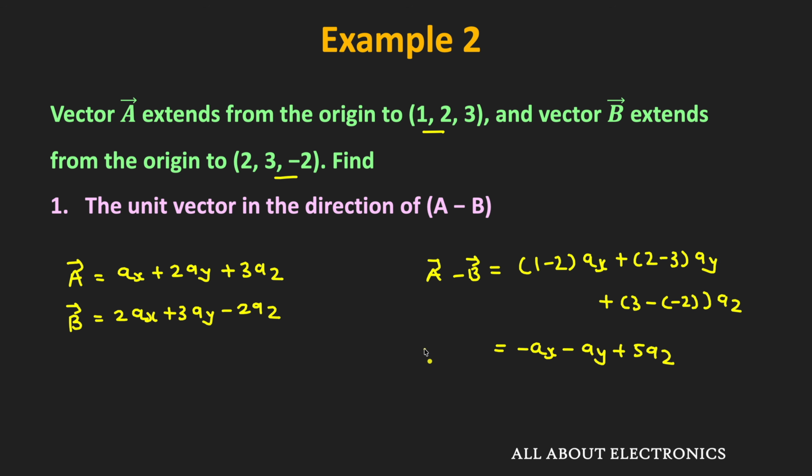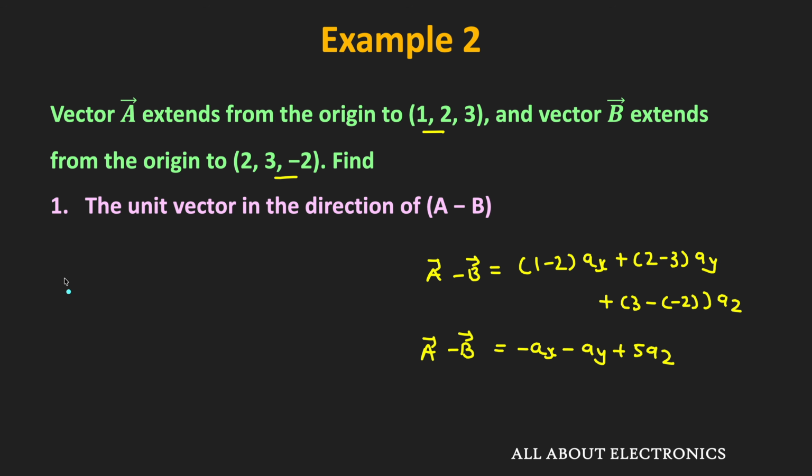In this way, we got this vector A minus B. Now in general, we know that the unit vector in the direction of a vector A can be given as the vector A itself divided by the magnitude of that vector. Similarly, the unit vector in the direction of A minus B can be given as this vector A minus B divided by the magnitude of A minus B.